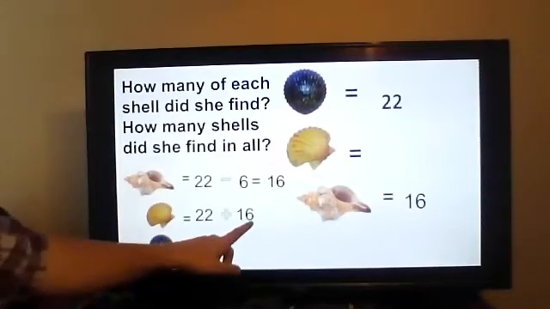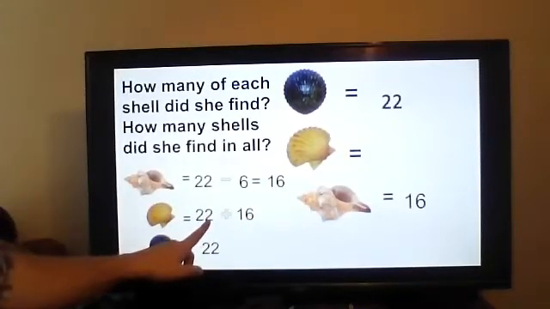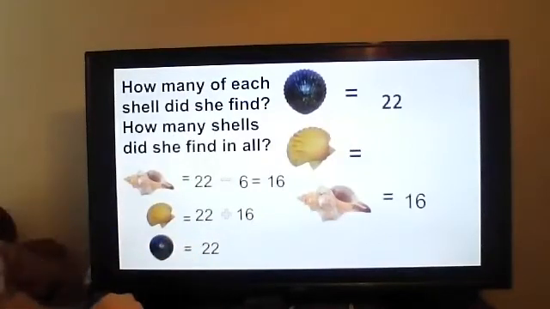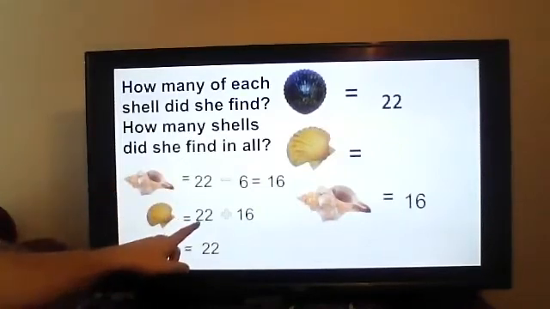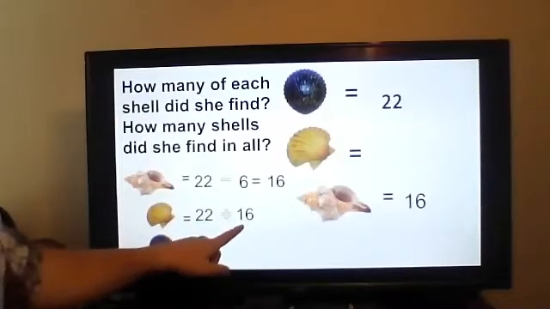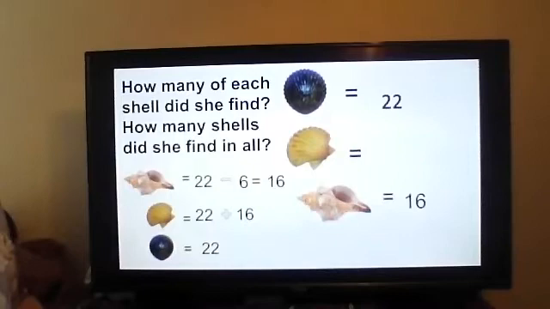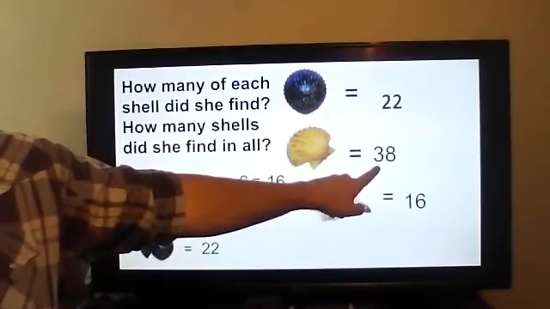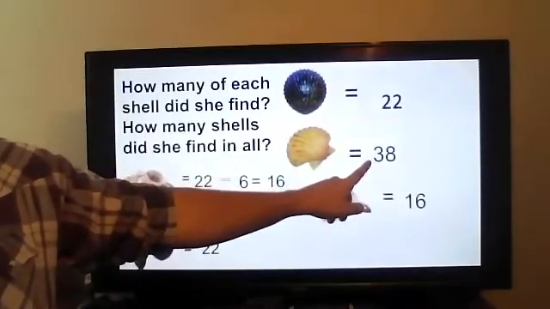So I'm going to look at my 6 and my 2. I know I'm adding them together. So I know that 6 plus 2 is going to give me 8. So I'm going to have 8 in my ones place. Now I'm going to move on to my tens place. I have 2 and 1, which I know 2 plus 1 gives me 3. Therefore, our answer is going to be 38. I put my answer right over here. So we have 38 tan shells.